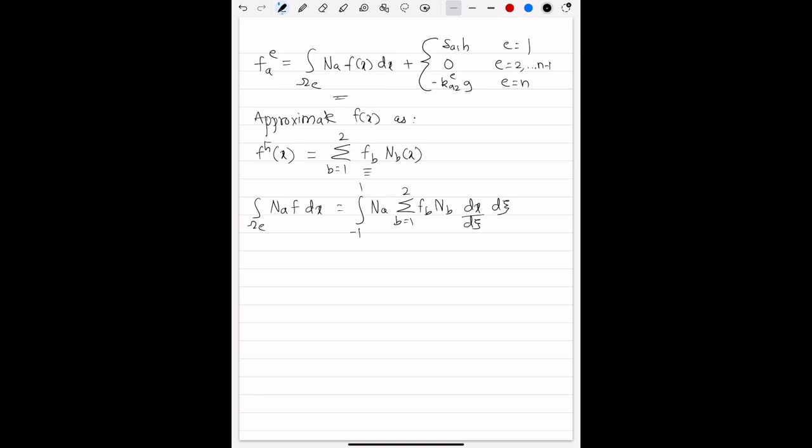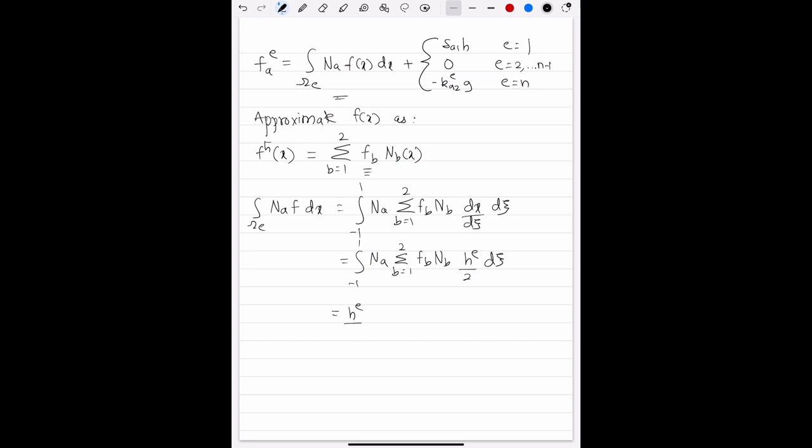Now we know that dx by d psi is he by 2, and hence this can be written as the integral from minus 1 to 1 of Na times summation b equal to 1 to 2 fb times Nb, multiplied by he by 2 d psi. Now this can be simplified: we take the summation outside the integral and he by 2 is also pulled out.